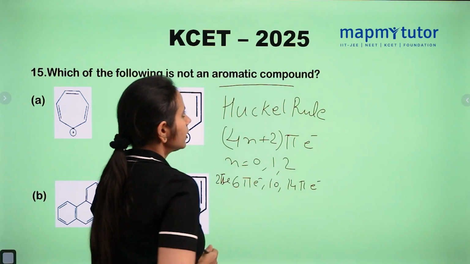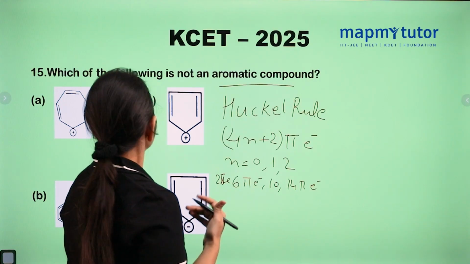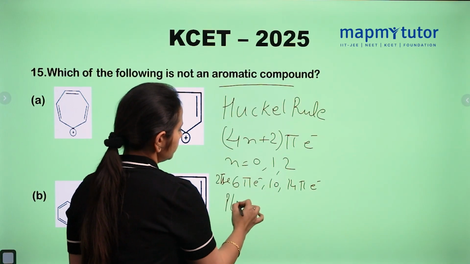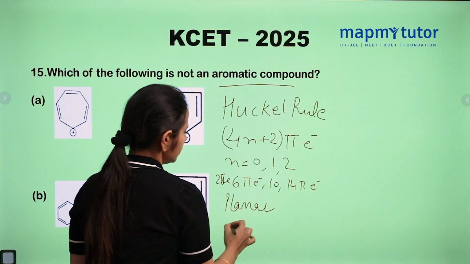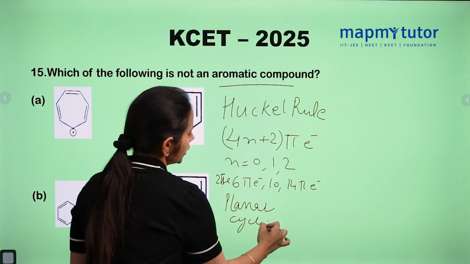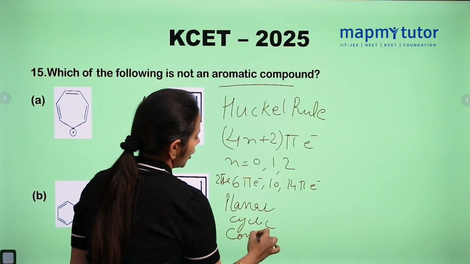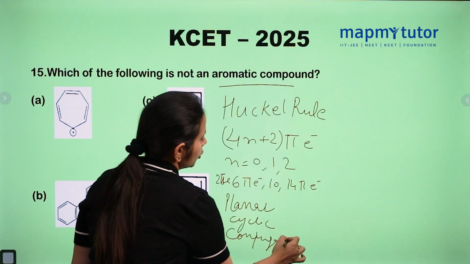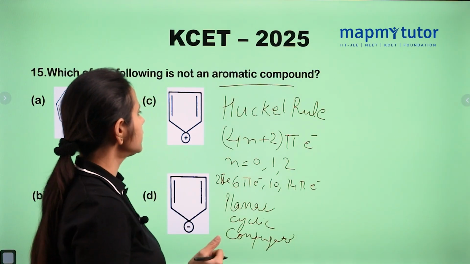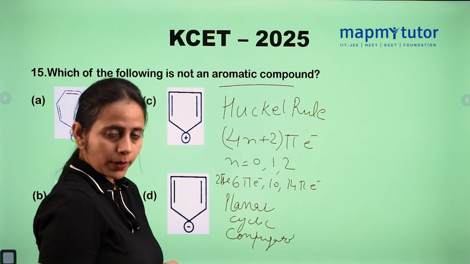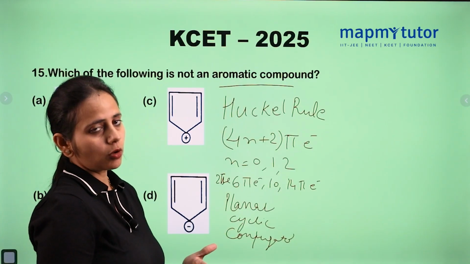Along with this, a molecule should be planar, cyclic and conjugated in nature. So these are the 4 points that must be followed by an aromatic compound.